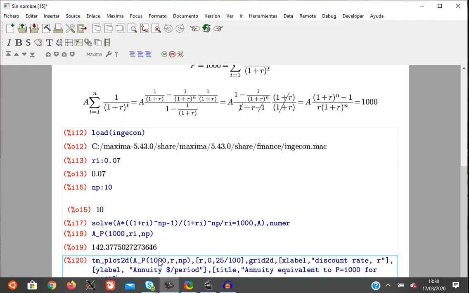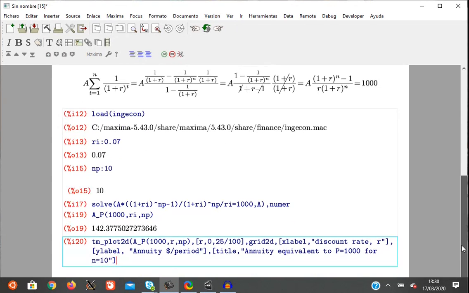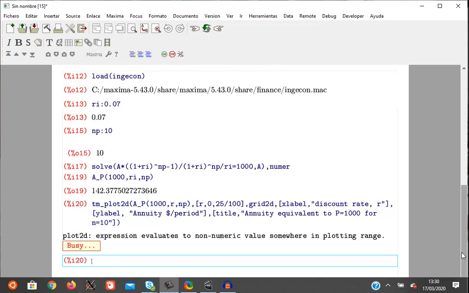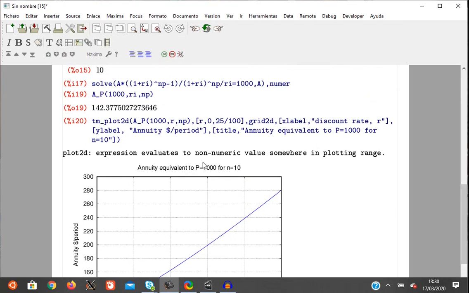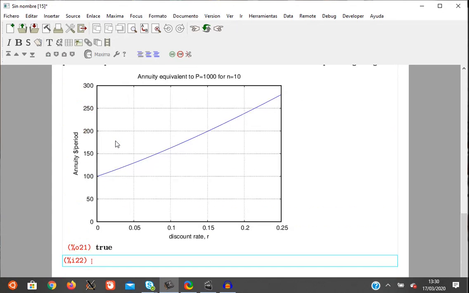Doing so, we'll see how the initial value of the annuity without any discount rate, that means without any financial charge, will represent 10 payments of 100, which is pretty straightforward.